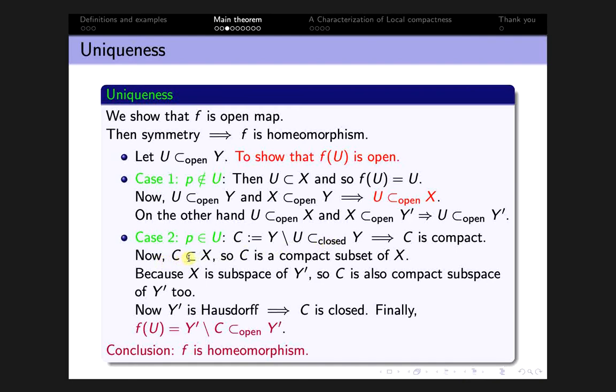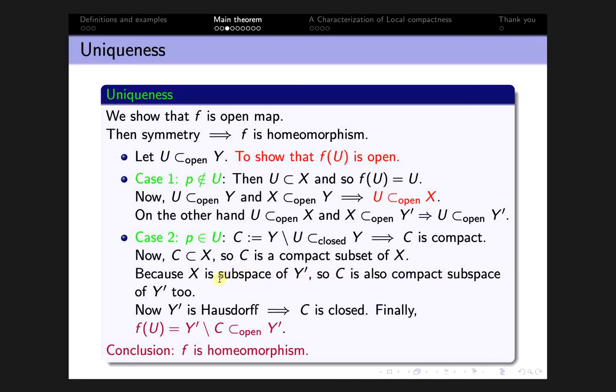Now C is actually contained in X, because C is a subset of Y and C does not contain P, therefore C is a subset of X. C is a compact subset of Y and C is a subset of X, therefore C is a compact subset of X. Because X is a subspace of Y prime, C is also a compact subspace of Y prime.